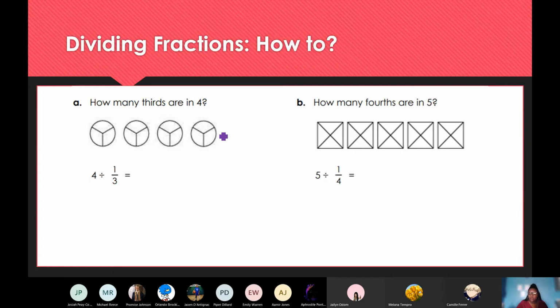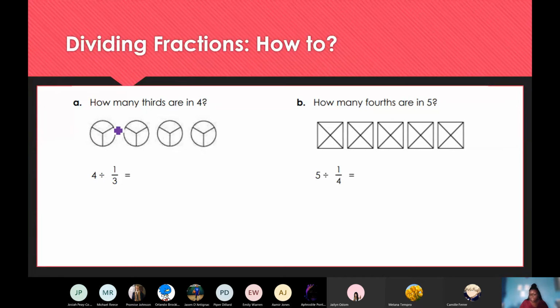Okay, so the answer that we're going to get is going to be a whole number because all we're doing is counting how many thirds there are here. I want to make sure you draw the picture as well. How many thirds are in 4, that's the question we're actually answering with 4 divided by 1/3.